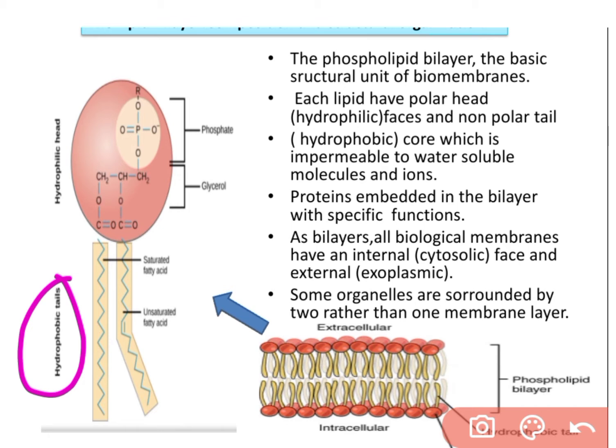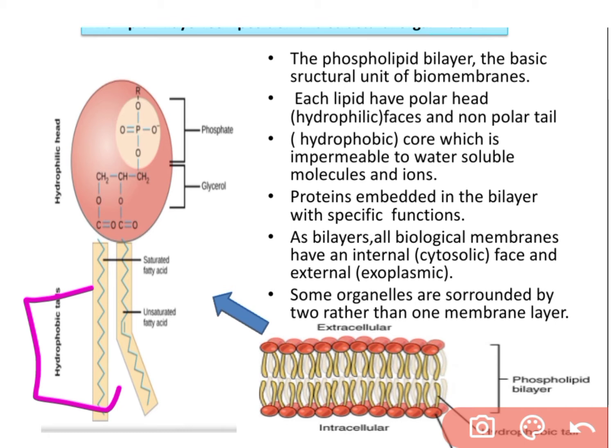Hydrophilic means this region is easily permeable to water, that means water loving region, and this region is water fearing, that means this region is impermeable to water and water soluble molecules and ions.